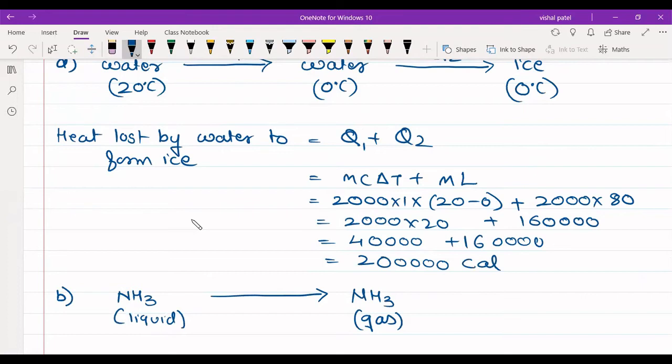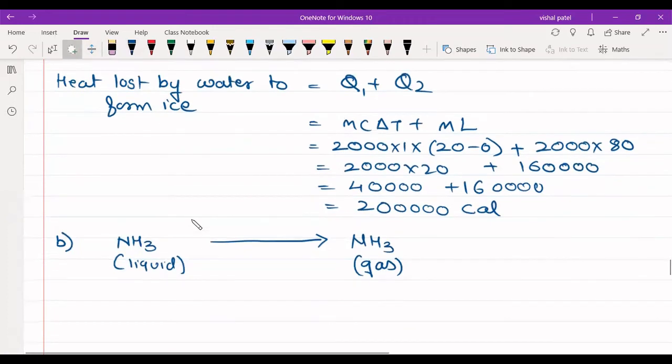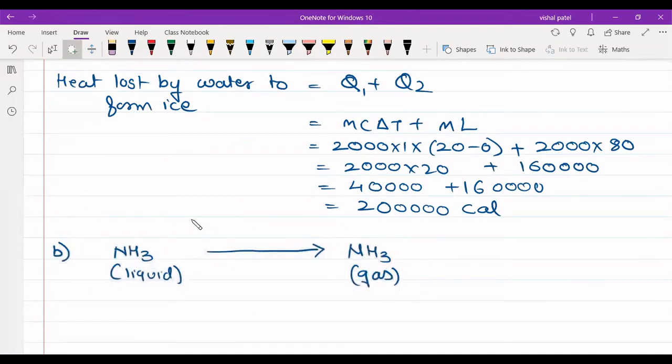Okay, I'll keep it in calories and see if I need to convert, we'll do that. Converting into kilocalorie we can do anytime. So this is water to ice.